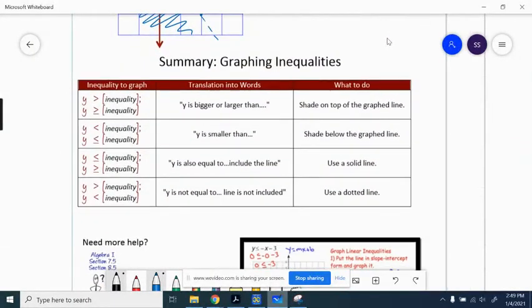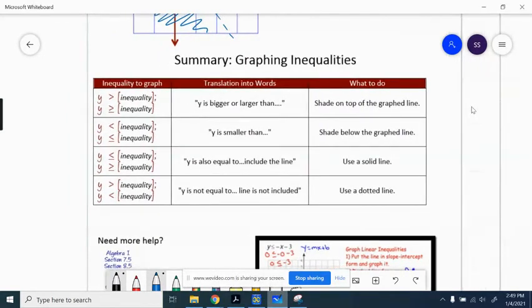So when we're graphing inequalities, basically what I have here, these two will determine how you shade, and these two will tell you whether to use a solid or dashed line.